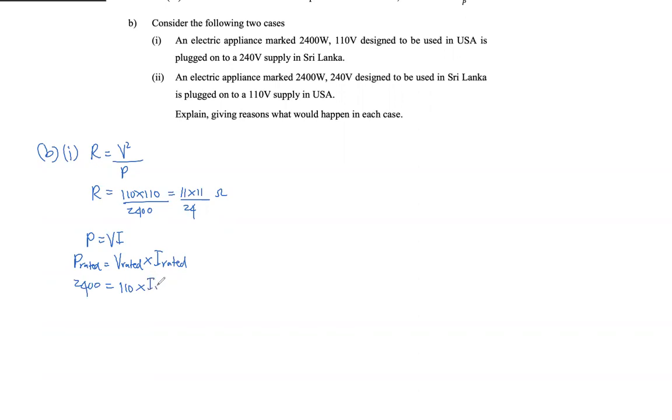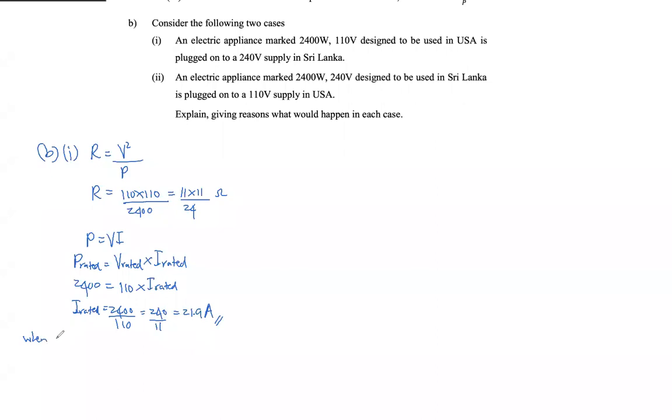What is the rated current? 2400 divided by 110, that is 240 over 11. I'll say 21.9 ampere. That is the rated current through that equipment.